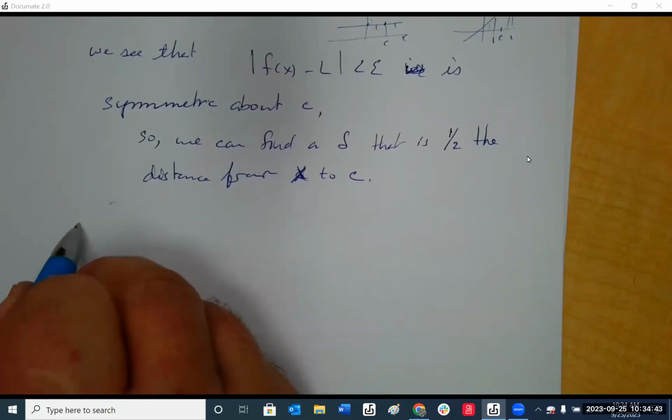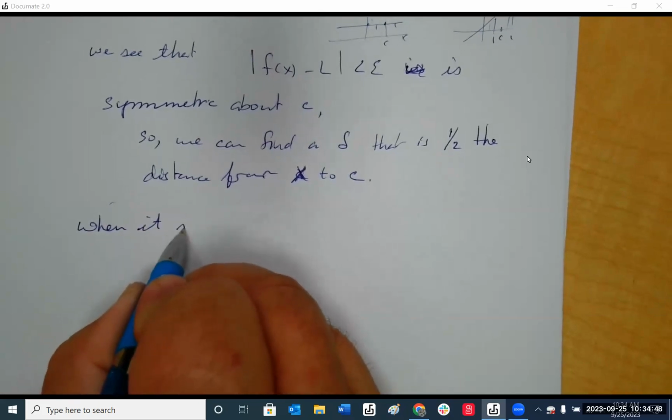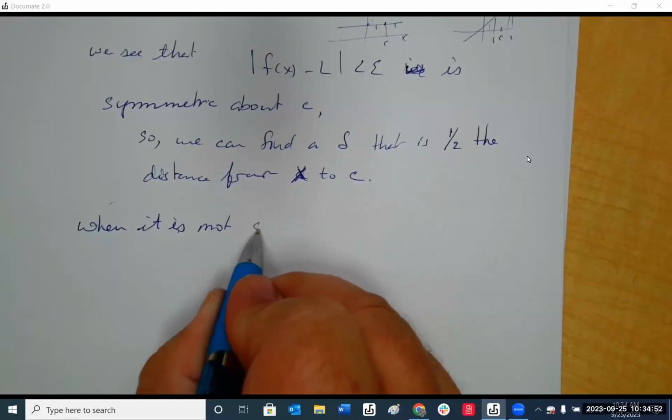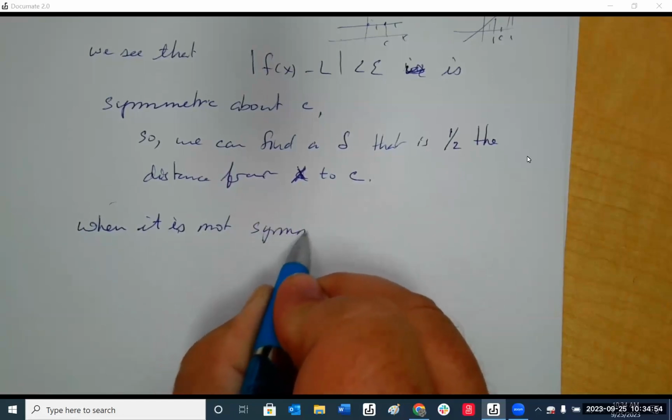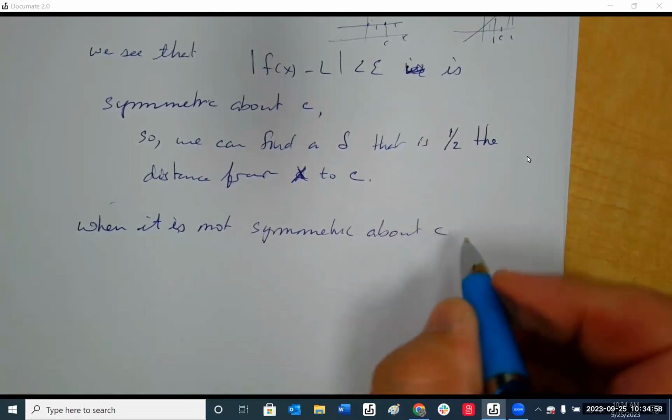The problem is when it is not symmetric about c.